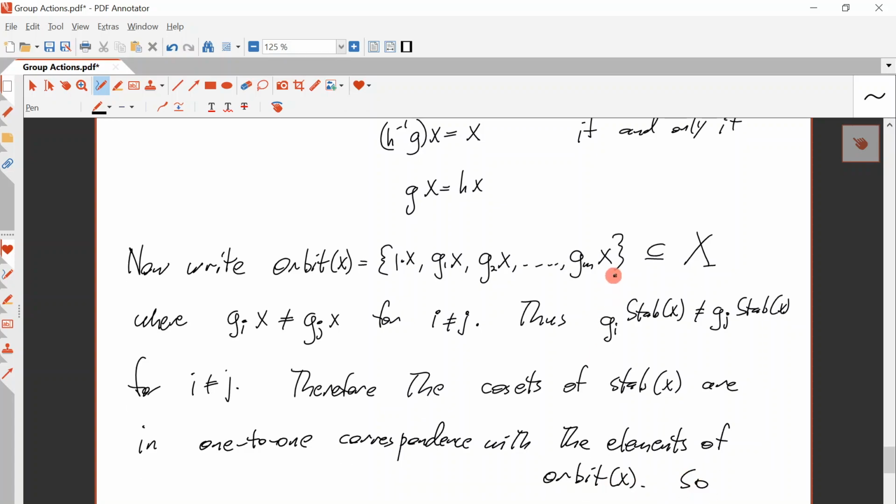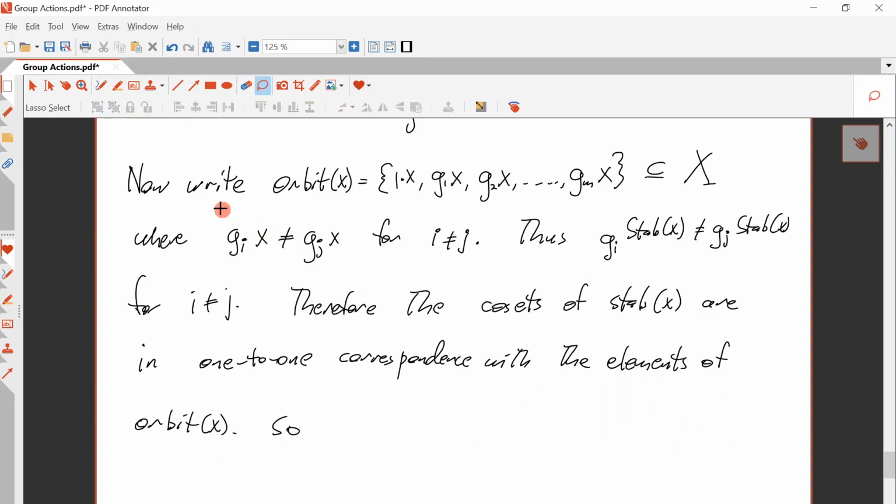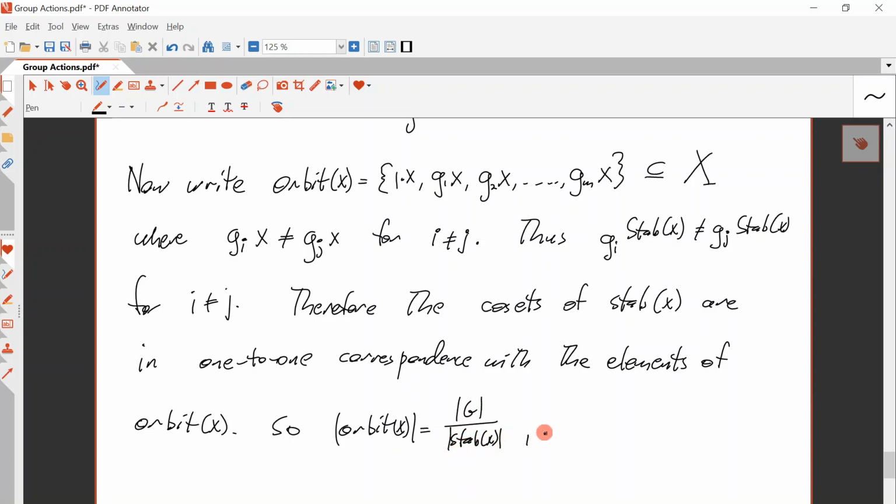So the size of the orbit of x is equal to the number of cosets, as required.